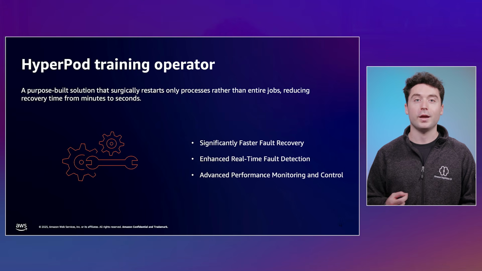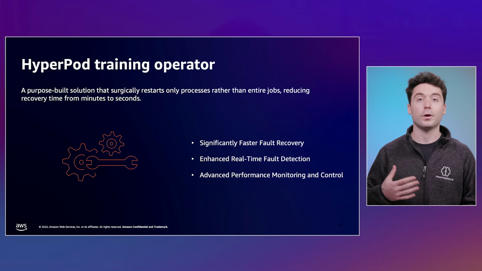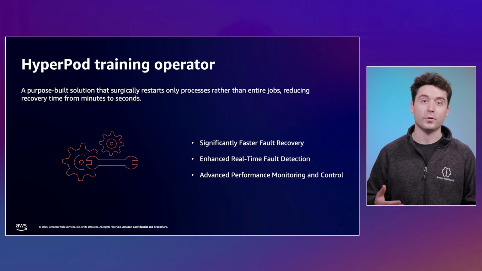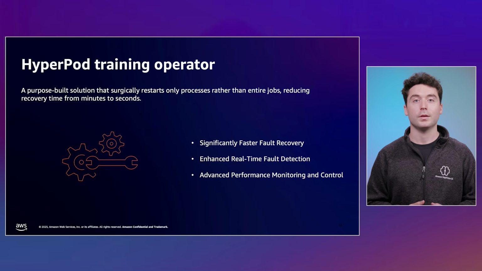It also has enhanced real-time fault detection, where the system provides deeper integration with HyperPod's health monitoring infrastructure, enabling real-time, instantaneous fault detection and eliminating latency previously caused by CloudWatch log processing.